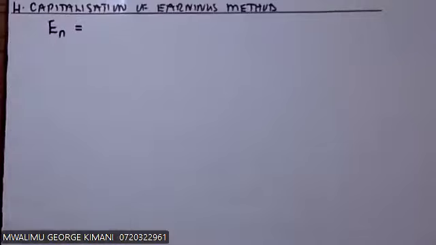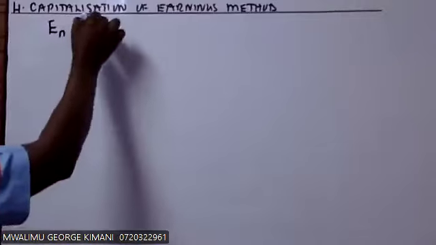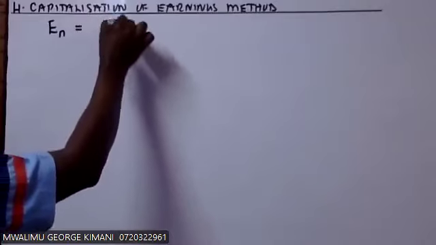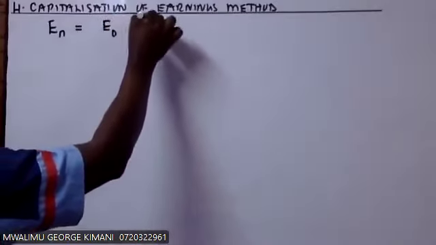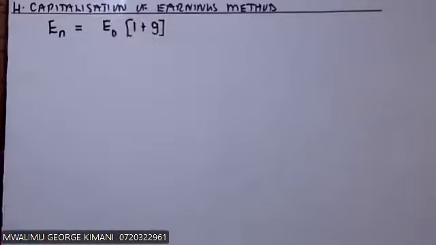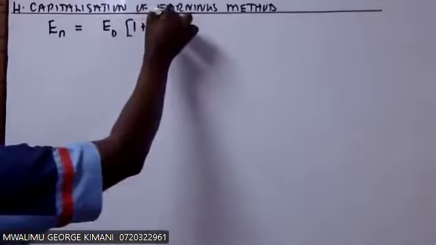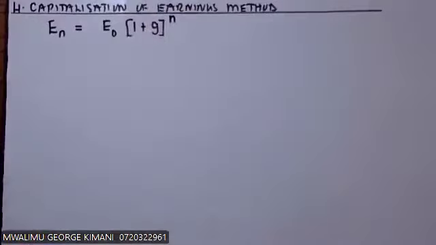EN is equal to E naught times (1 plus G) raised to power N.